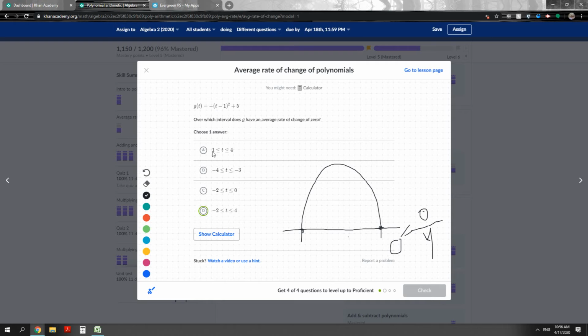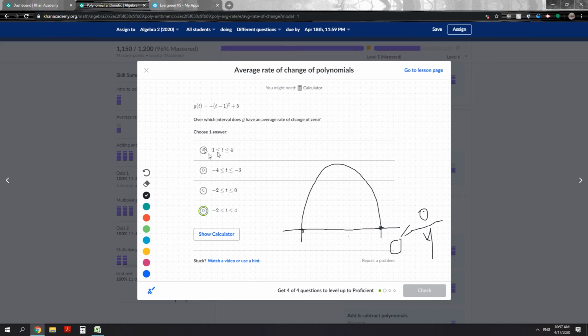1 minus 1 is 0. 0 plus 5 is 5. 4 minus 1 is 3. That's not going to turn into 0, so I'm going to stop looking at that one. Negative 4 minus 1 is negative 5. So this becomes 5 squared. Negative 3 minus 1 is negative 4. So this becomes negative 4 squared.